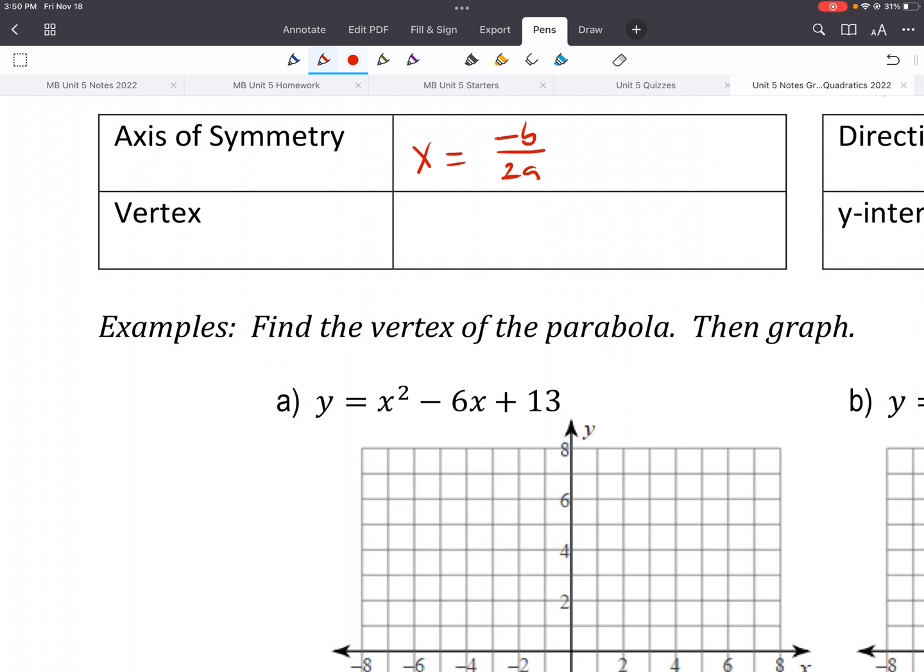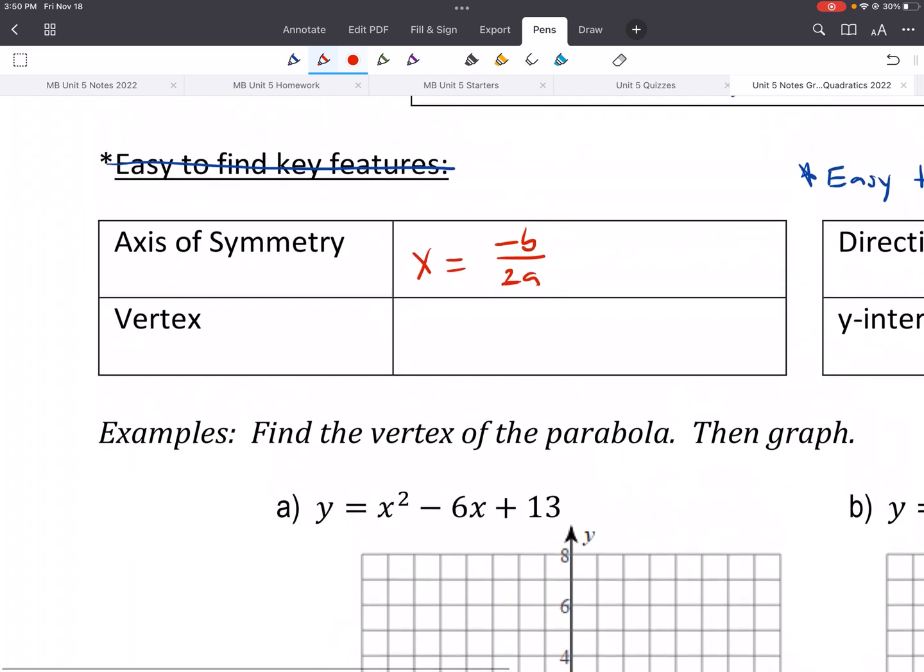When you have the quadratic formula, it calculates the axis of symmetry, and then it uses the plus or minus to find the x-intercepts on both sides. That's why there's the plus and the minus. We don't need to know what the x-intercepts are. We could calculate that, we know how to do that, but we just need to know what the axis of symmetry is.